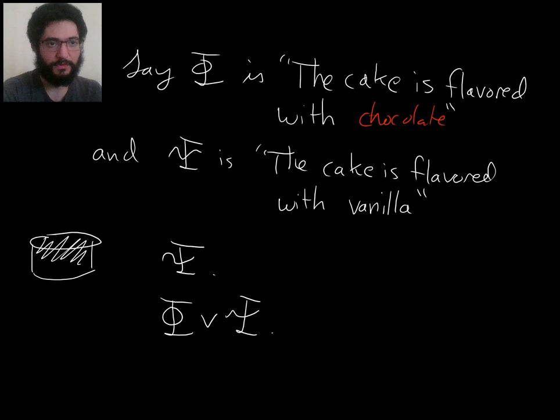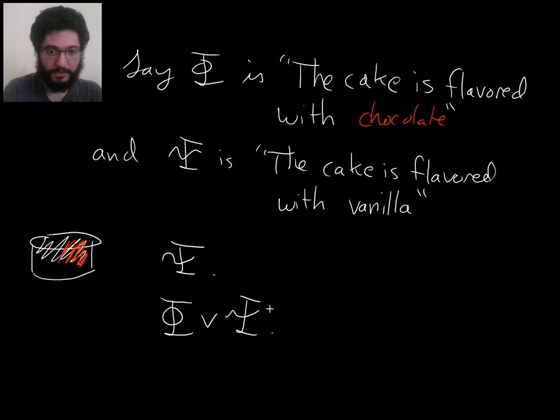What if it were flavored with both? So suppose it's half vanilla and half chocolate. Then what would you say about phi and what would you say about psi? Phi is true because the cake is in fact flavored with chocolate. Just look at it. Psi is true because the cake is in fact flavored with vanilla. Just look at it.